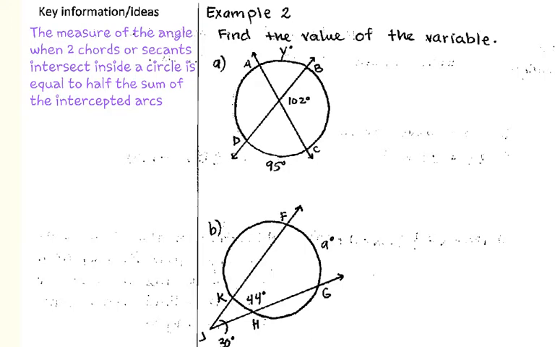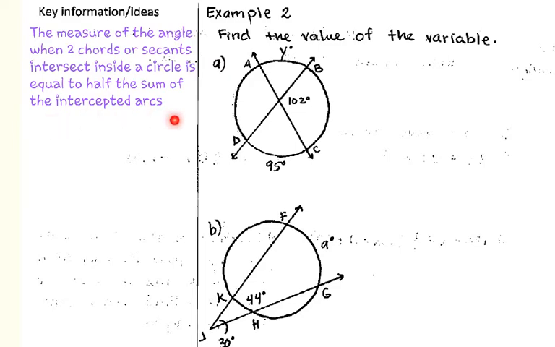So, on to example 2. Example 2 will use a new fact. The measure of the angle when two chords or secants intersect inside a circle is equal to half the sum of the intercepted arcs. So in our problem, part A, we will use this fact.